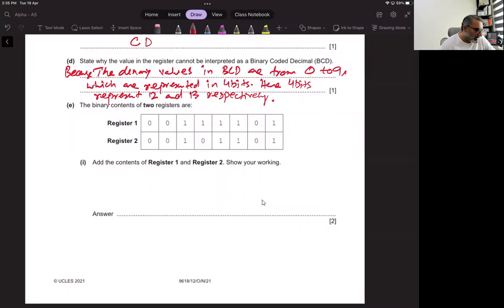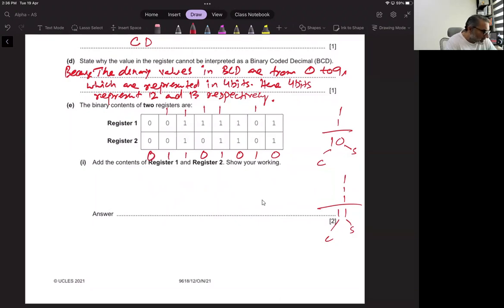Okay, the binary contents of 2 registers are these. Add the content of the register 1 and 2. 1 and 1, 2. This one is sum, this one is carry. 1, 1, 1 is 3. This one is sum, this one is carry. 0 plus 1 is 1. 1 plus 1, 2. 1 plus 0, 1. 1, 1, 1 is 2. So 1 plus 1, 0. 1 carry, 1. 0, 1 carry, 3. 1 carry, 2. 1 carry, 3. 1 carry, 1, 0.